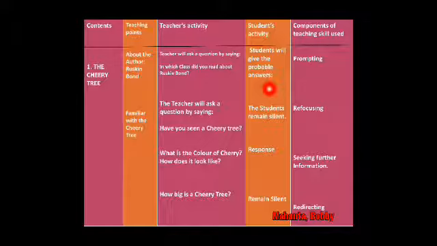So this way you have the student's activity, and here the components like prompting can be provided. Okay, so this is how micro lesson plan was prepared before.